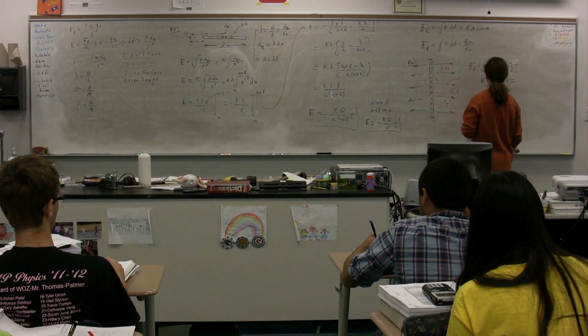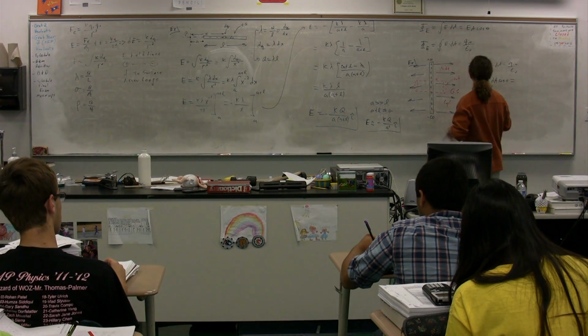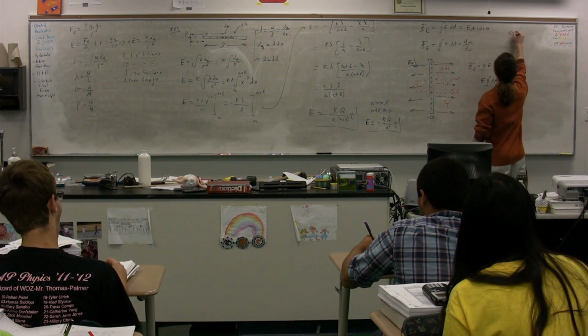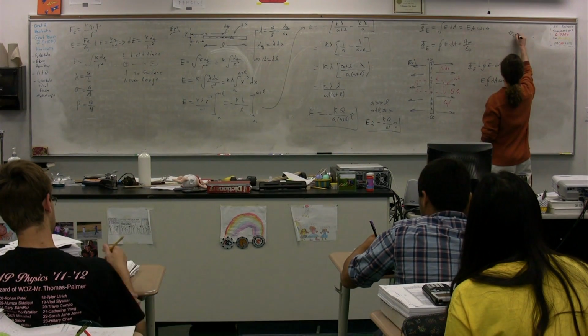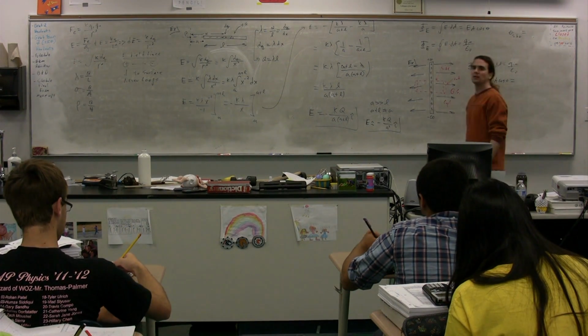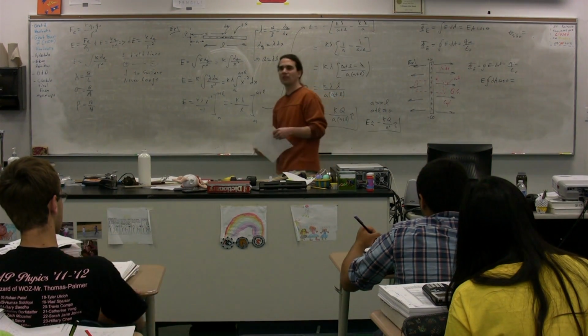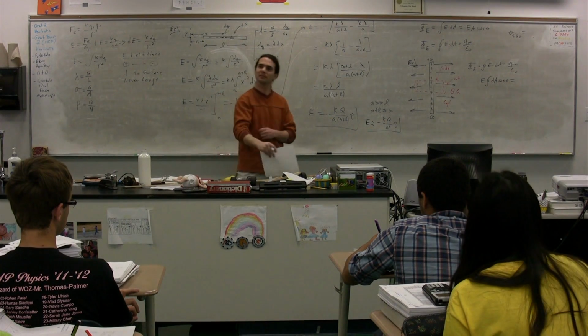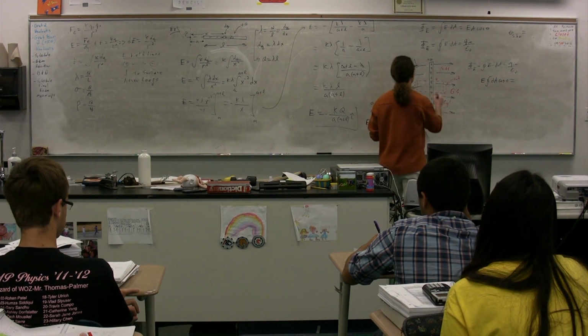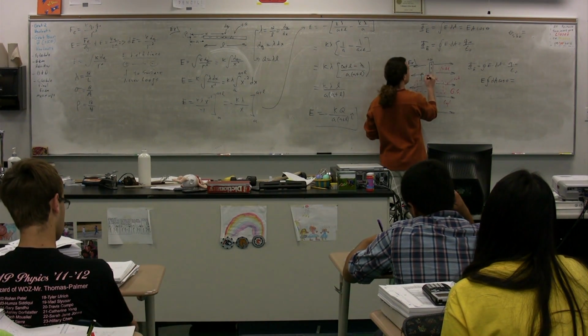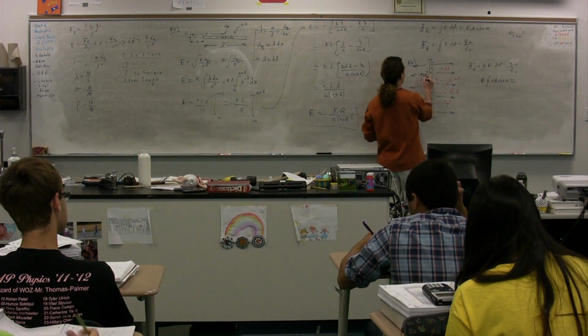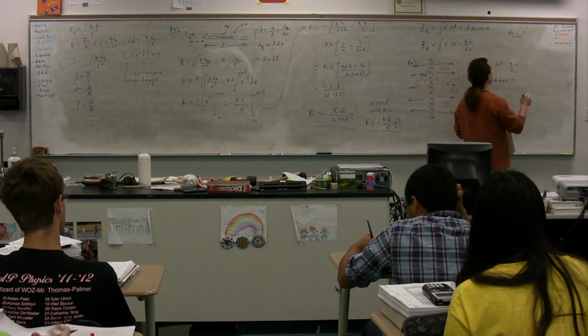Okay, that being said, notice what is the angle for the side? 90 degrees. Notice that dA is going to be in this direction. The electric field is at a 90-degree angle to that.